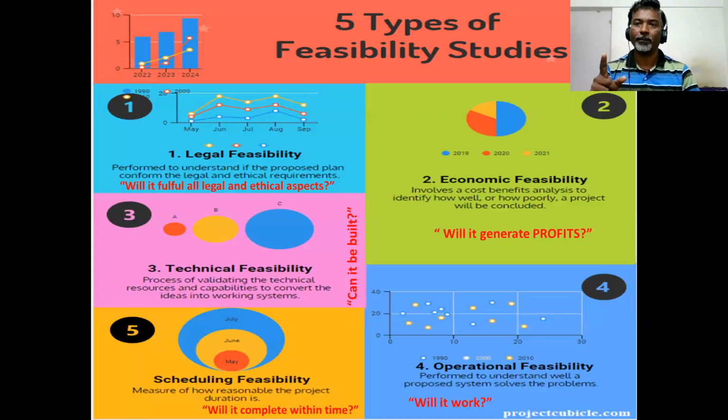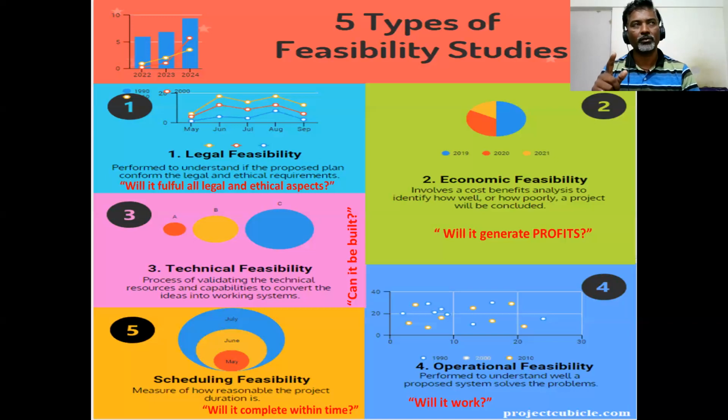Here we are comparing the benefit of the system with the cost incurred while developing the system, while using the system, while selling the system. So in economic feasibility, we are discussing what cost the system requires, like hardware cost, software cost, usage cost, user cost, database cost. Okay, so those costs you are taking into consideration.